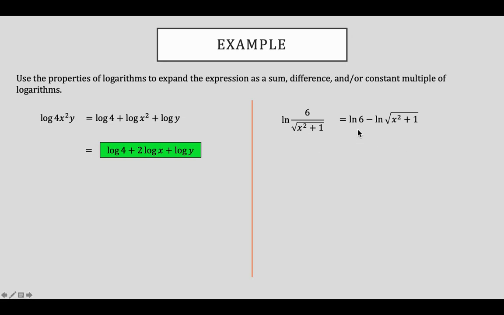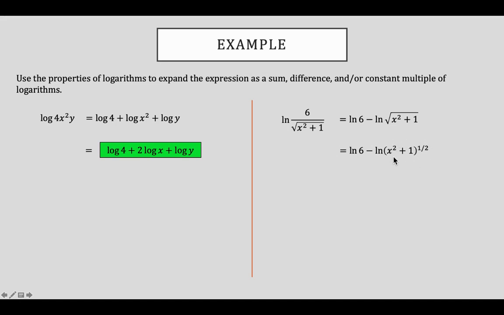That's the natural log of 6 minus the natural log of the square root of x squared plus 1. Again, we want to get in the habit: anytime we see radicals, rewrite those as powers. In other words, this is the same thing as ln 6 minus the natural log of the quantity x squared plus 1 raised to the 1/2.